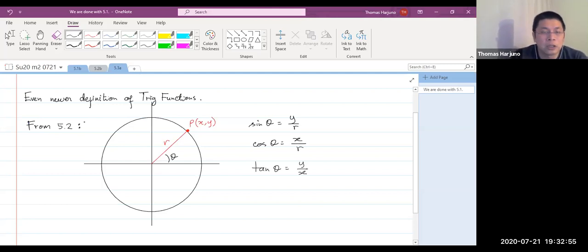Now, the third definition here gives us another approach to teaching trigonometry called the unit circle approach. The one I started with was the right triangle approach. There's another approach called the unit circle approach.